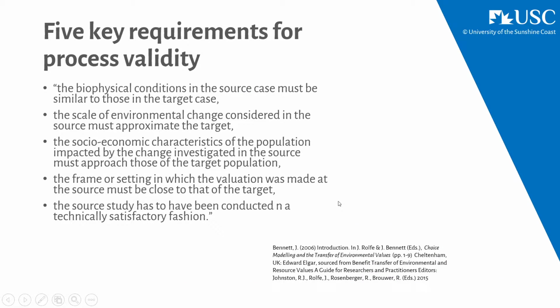So that gets to really what we need in terms of the key requirements for undertaking a benefit transfer that would have process validity, okay? So these are 5 requirements that have been identified by Bennett, and these are that the biophysical conditions in the source case, so that original study site, must be really similar to those in the target case, which means that the wetlands have to be similar, right?